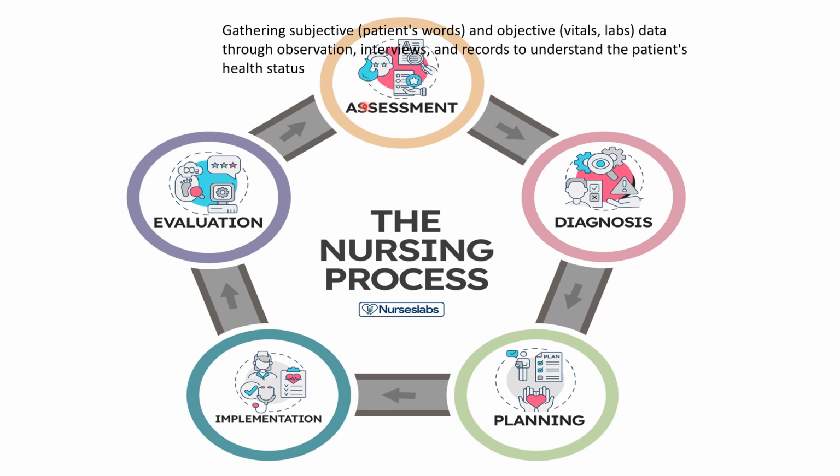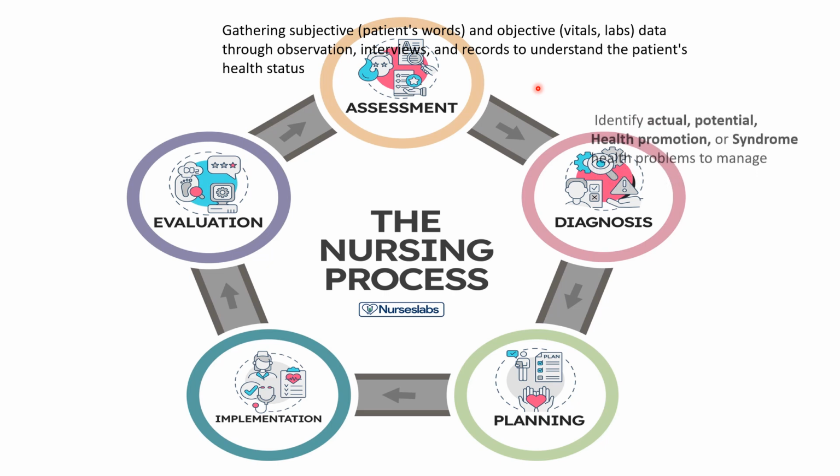Assessment involves gathering subjective and objective data. Subjective is the patient's words, and objective is what you get from vital signs and investigations. And you should understand the patient's health status during assessment.